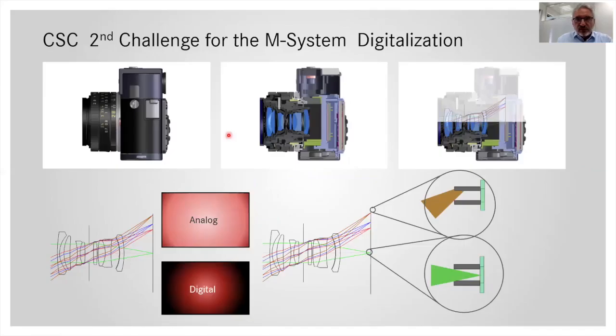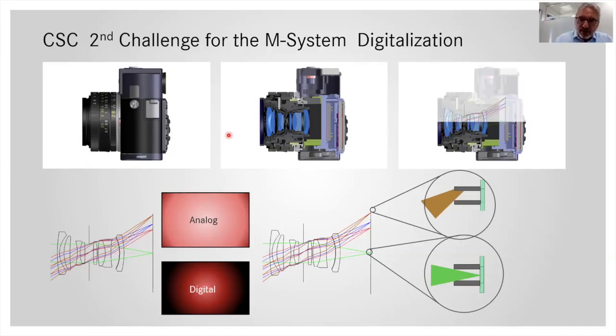And here, the second challenge or second crisis for the M-System was the digitalization of the M-System. It's often said on the internet that we missed the train, or we nearly missed the train.